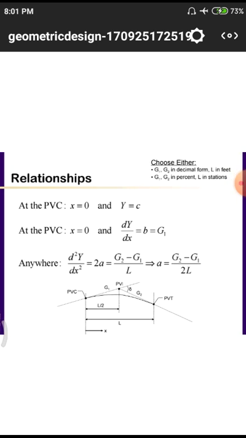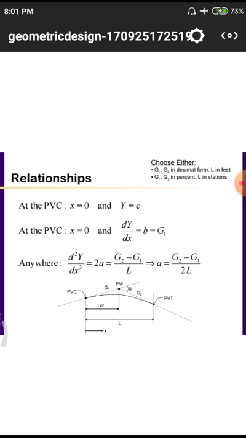Here at PVC, x equal to 0, y equal to c, and at PVC x equal to 0, dy by dx equal to b. That means simply we are differentiating the equation with respect to x. That means dy by dx means differentiating equation y with respect to x.